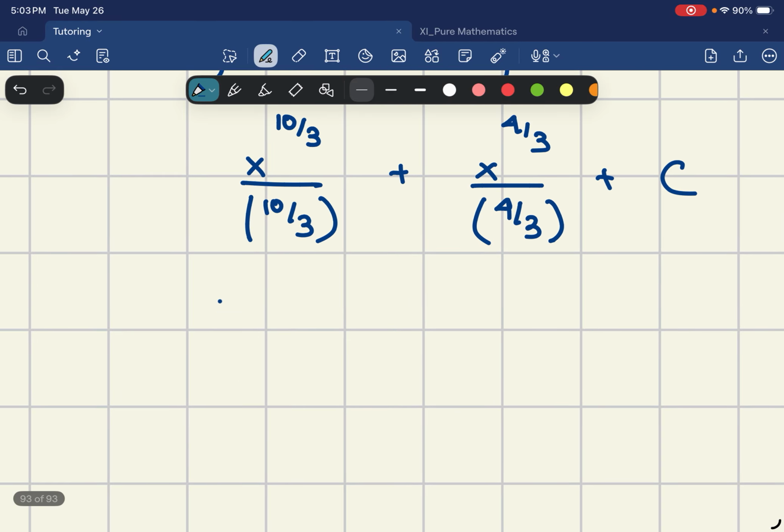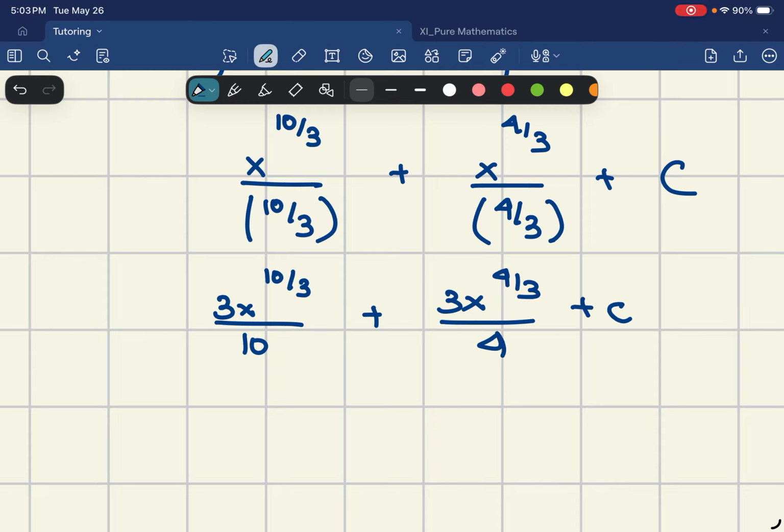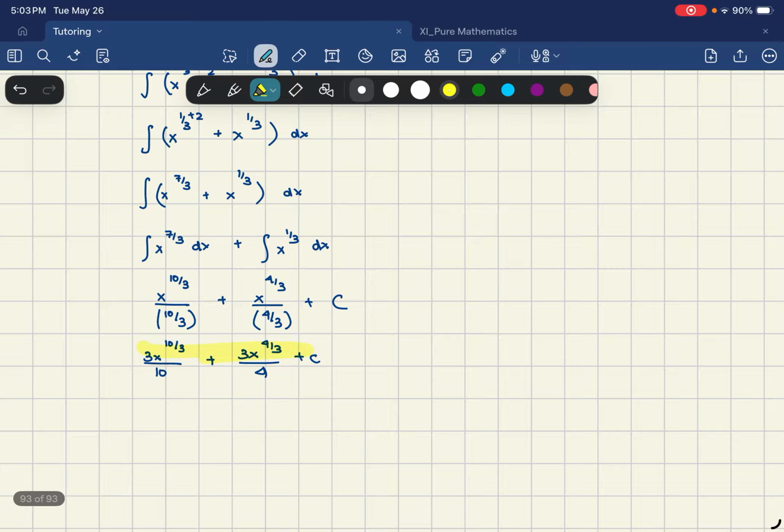Do not forget your constant. And your final answer is going to look something like this. And we are done. So again, the algebra, the simplification, is something that you should have covered in lower classes, so I'm going to leave you to try it on your own. But this is your final answer.